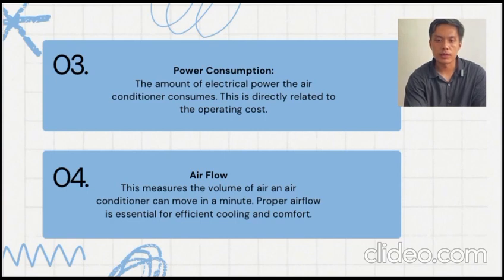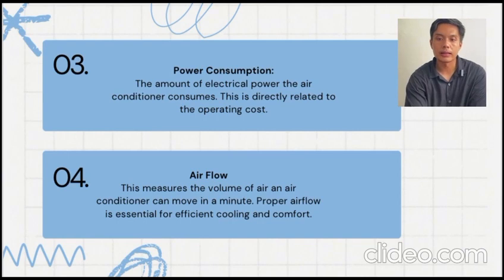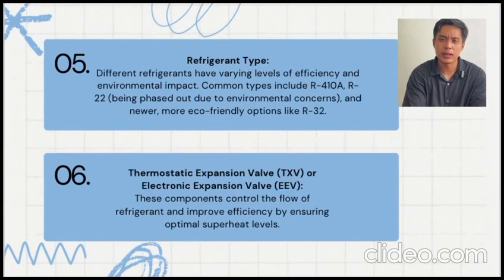Number four is airflow. This measures the volume of air an air conditioner can move in a minute. Proper airflow is essential for efficient cooling and comfort. Number five is refrigerant type. Different refrigerants have varying levels of efficiency and environmental impact.